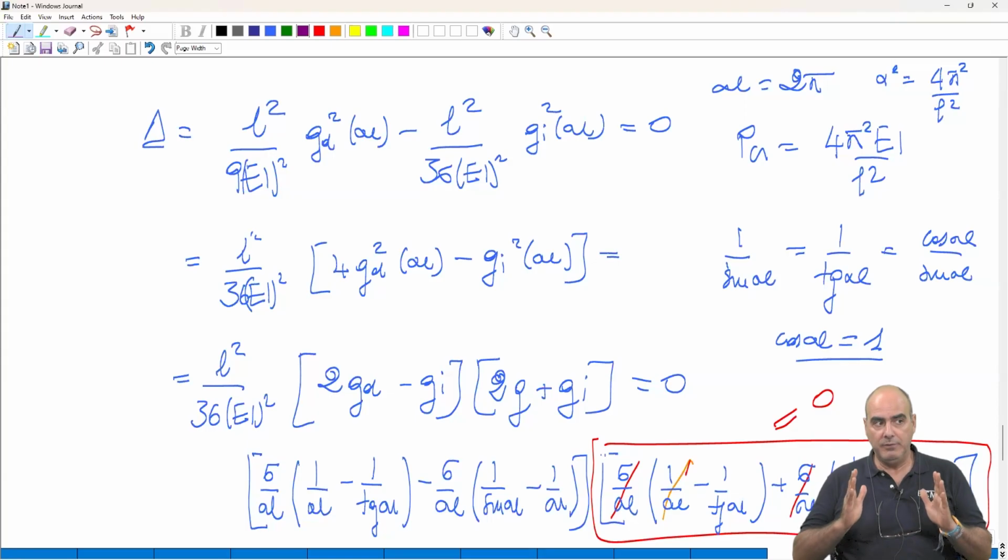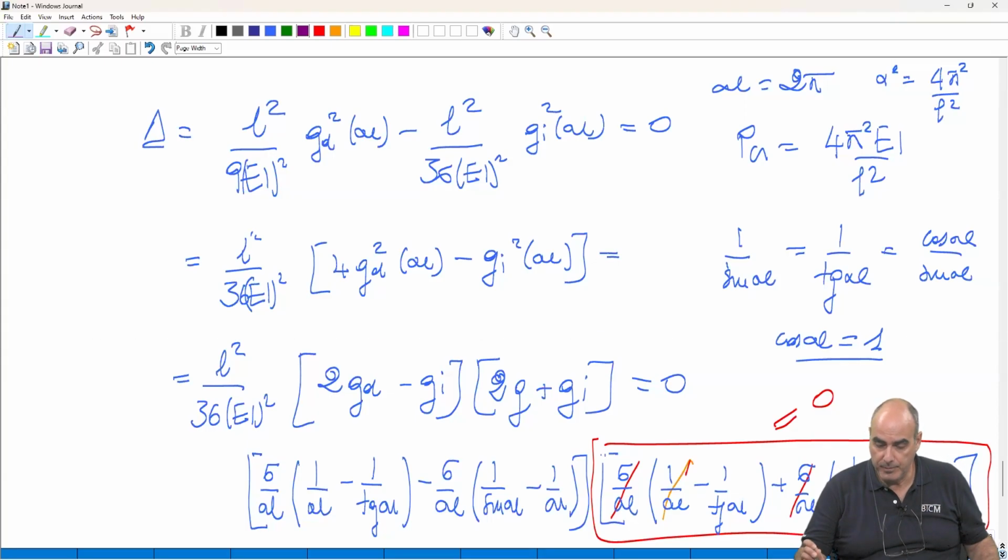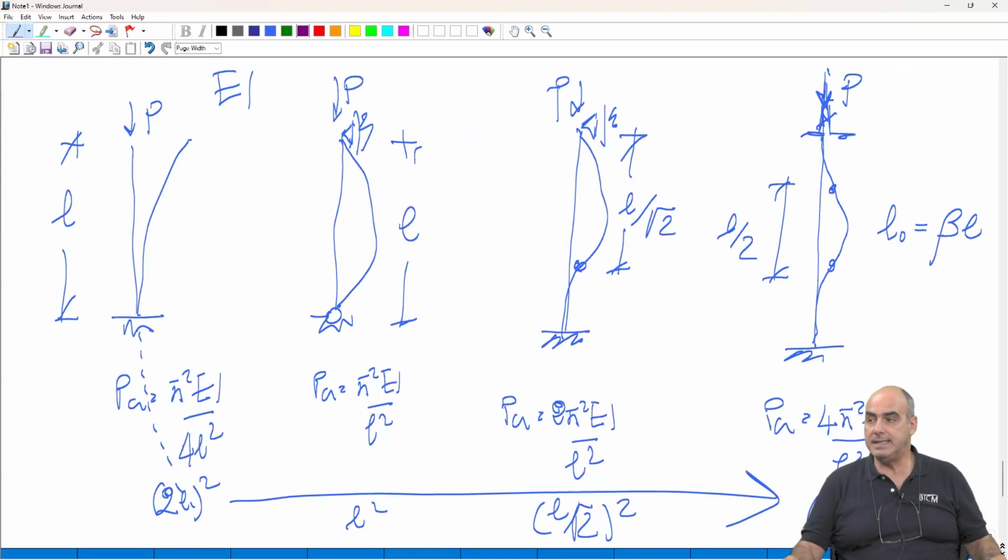First of all, we have to specify one thing. You see, this is the range of the critical loads, which means that, well, we know that alpha L cannot be lower than 0. But we also know that alpha L is not higher than 2 times pi.